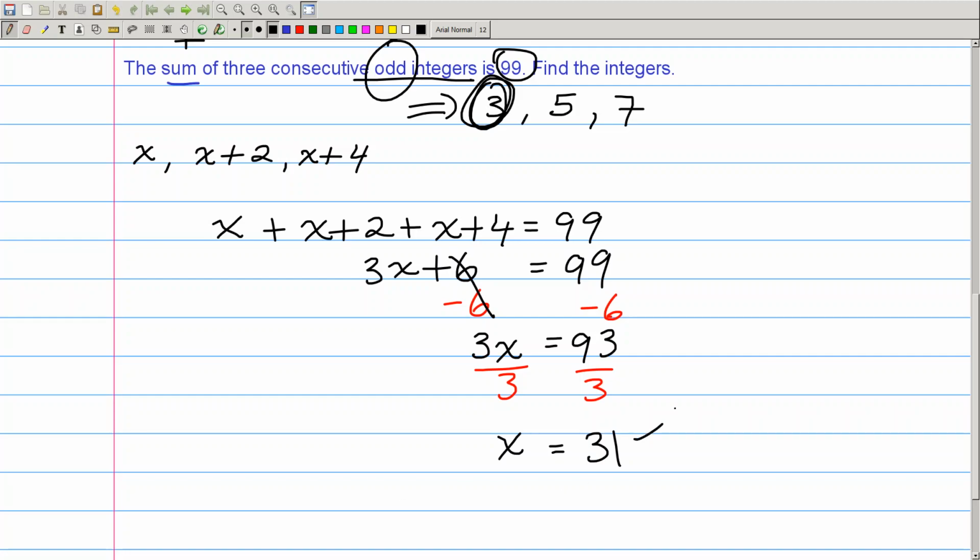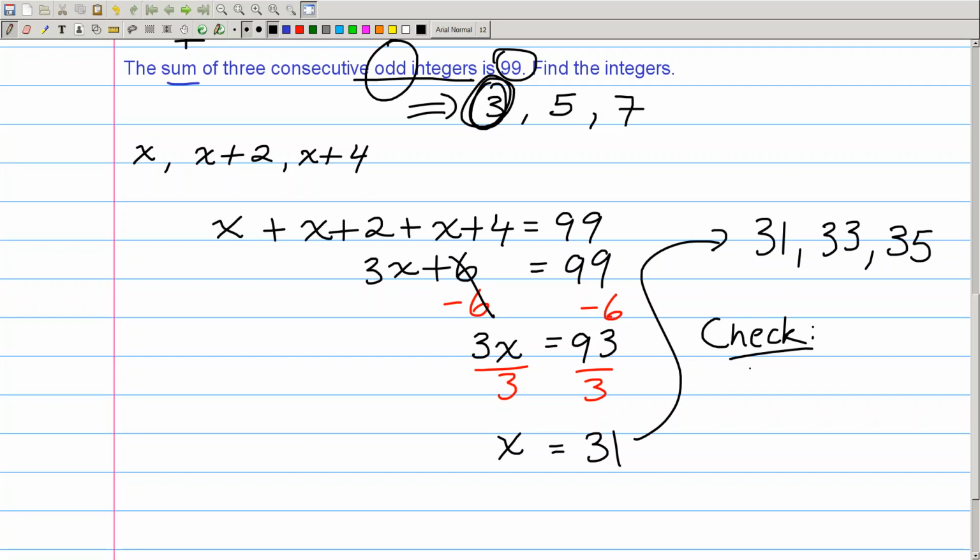The next number up from that is going to be 33, and the next number up from that is going to be 35. If I check these, if I add them up, I better get 99, and in fact, I do.